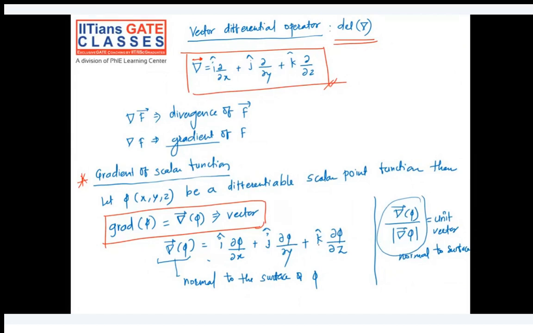So the gradient of a scalar function is a vector function. And if you want to calculate the unit vector, that will be del of phi divided by mod of del phi.